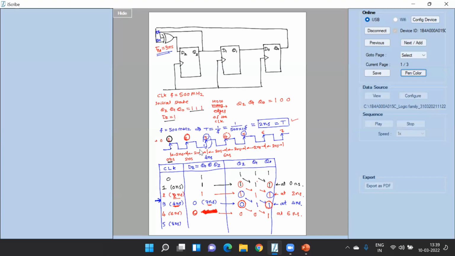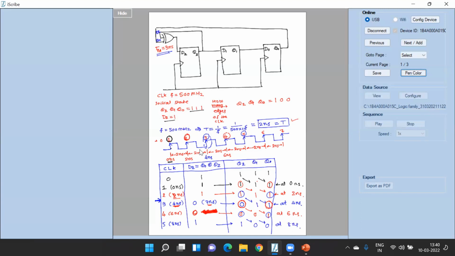So it will definitely pass my new value. So this is nothing but XOR of Q2 and Q0. XOR of Q2 and Q0 would become 1, and that would be given at the input of my D2. And this 1 comes here, this 0 comes here, this 0 comes here. This happens at 8 nanoseconds, correct?